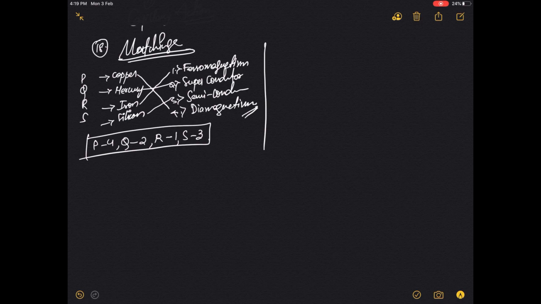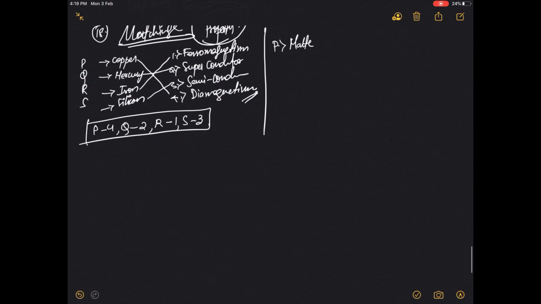So the other two matchings are also present. Here they gave a property, like semiconductor, superconducting, etc. And here what you can see is the technique of production or extraction. So you have matte smelting, carbothermic reduction. I think this is given as flash smelting. Okay, so any type of smelting, you can see in the option. Metallothermic reduction, and one more is electrolysis.